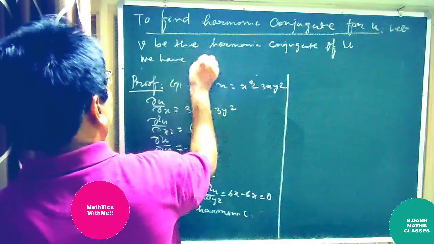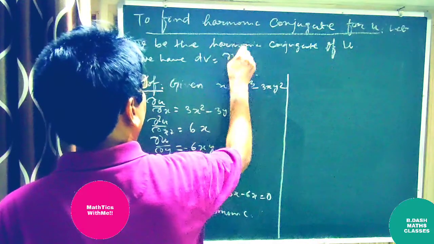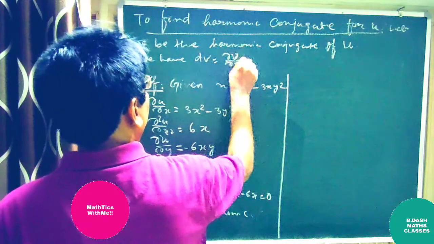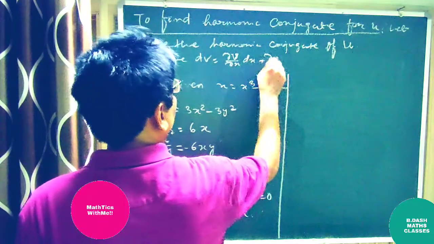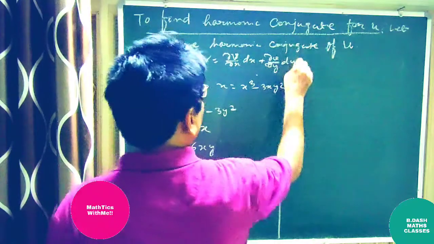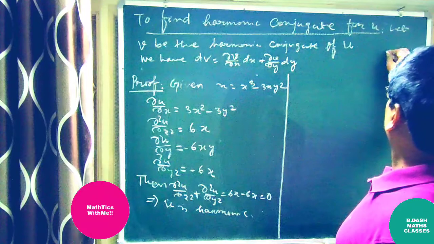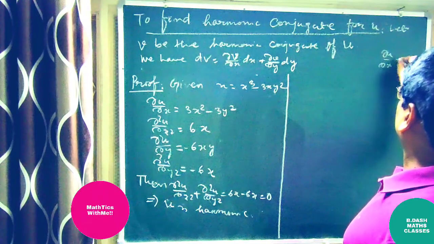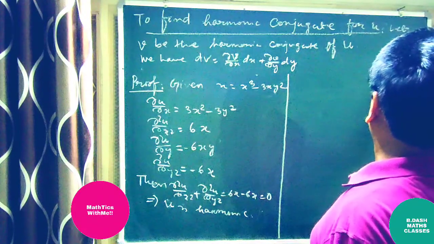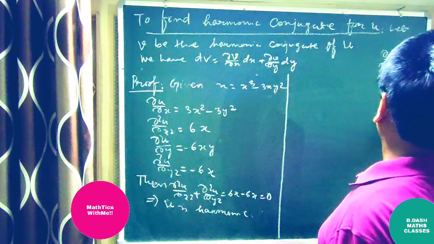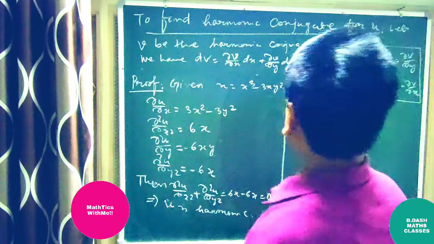We have dV is equal to del V by del x dx plus del V by del y dy. And we know del u by del x is equal to del V by del y. Del u by del y is equal to minus del V by del x. And these are the CR conditions we know.